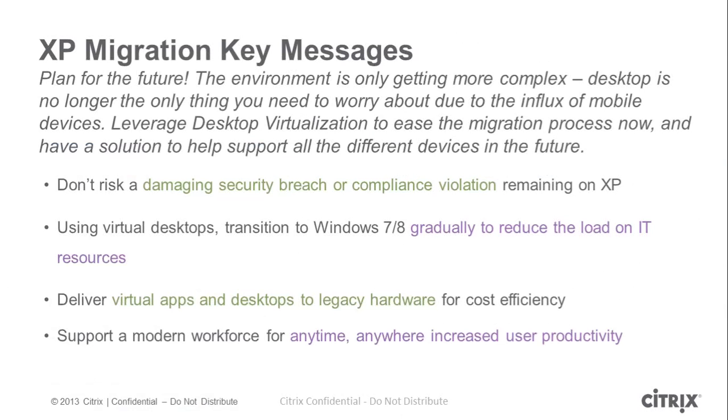And we can use our new local app access feature so that you can leverage maybe an existing XP desktop and have those XP applications shine through that Windows 7 virtual desktop. Or we can host those XP applications as part of a VM hosted app in the data center and integrate those into a new Windows 7 or 8.1 desktop environment.